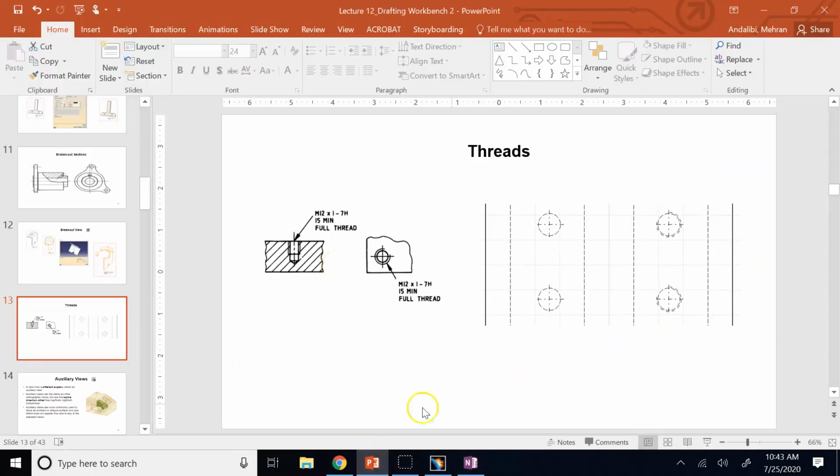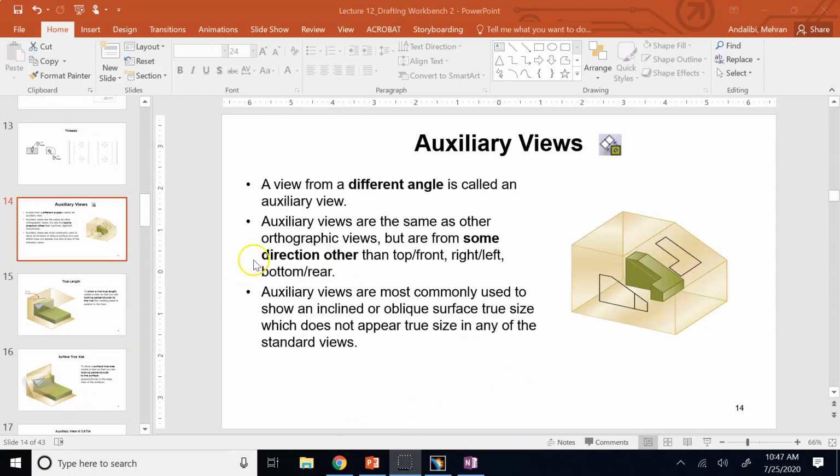What else? So another thing we had, if you remember, is called auxiliary view. So when you have a plane type 2 or type 3, where when you project it on the main three views, you cannot see its actual size because it is always smaller than the actual size.